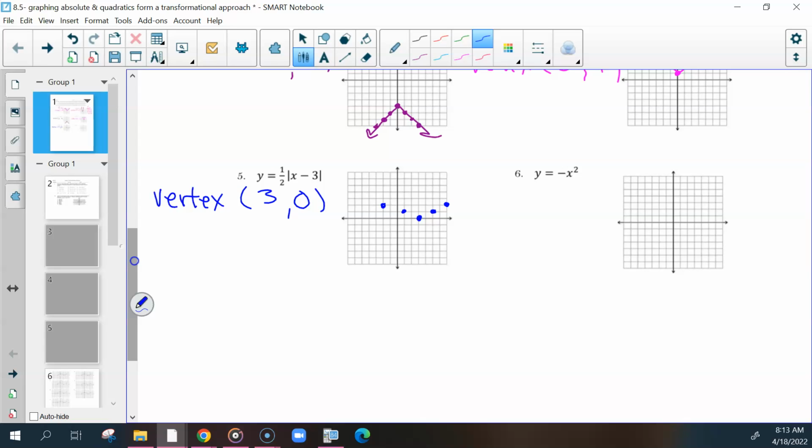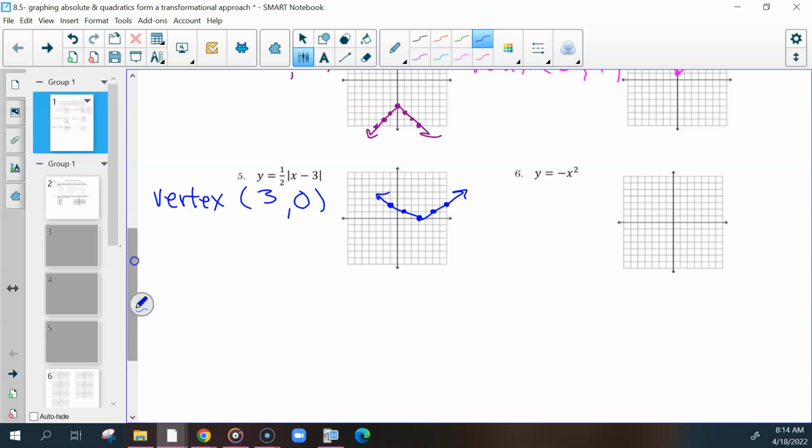As long as you have at least 5 points, you're good. Again, you could check this in your calculator and it should match up. Questions on that last one?